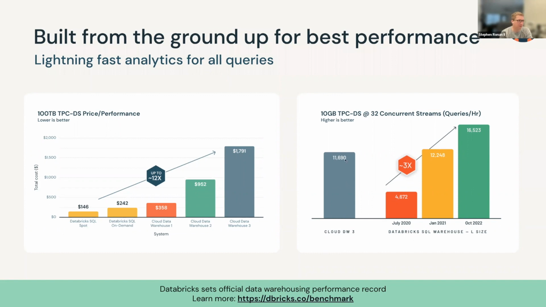We were not competitive with other cloud data warehouses in July of 2020. But you can see, in 6 months, we actually passed our competitors here. And then, over the last 18 months or so, we actually improved that. And so now we're significantly ahead of your other cloud data warehouses.